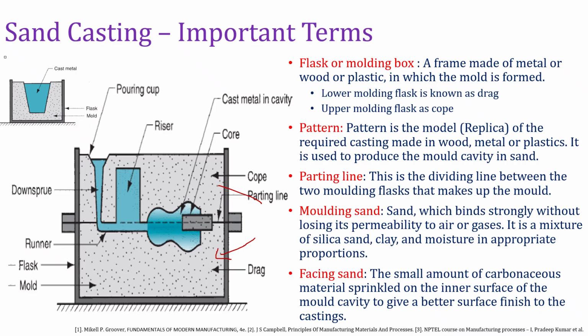The next terminology is pattern. A pattern is a replica of the final component, right? So whatever kind of component we are going to cast, that is going to be made as a pattern, whether it is going to be a gear or a shaft or a key, right?